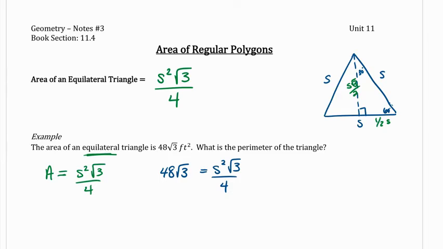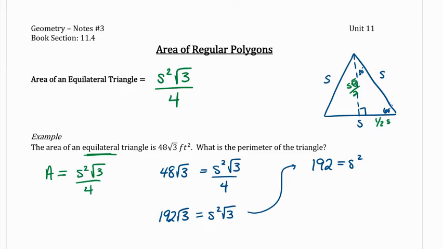I can multiply both sides by 4. So I just get S squared radical 3 on that side. 48 times 4 is 192 radical 3. I can divide both sides by radical 3, which would just get us 192 equals S squared.